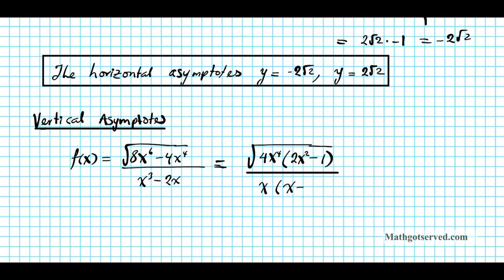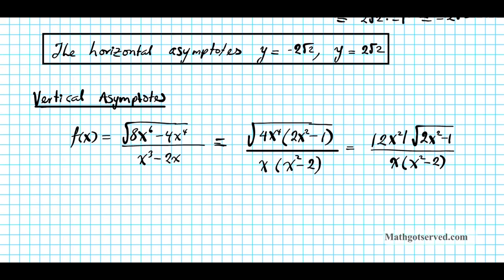So take out x, and then we're left with x squared minus 2. All right, the numerator, if we root both of them, we're going to have the absolute value of the square root of 4, which is 2, the absolute value of 2x squared times the square root of 2x squared minus 1 divided by x times x squared minus 2.